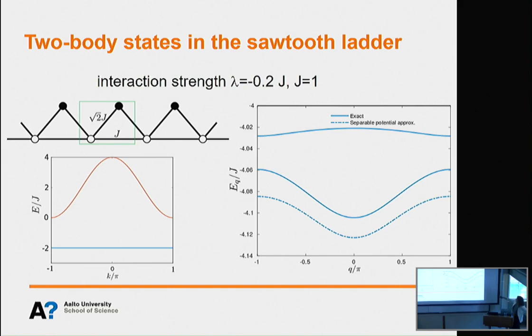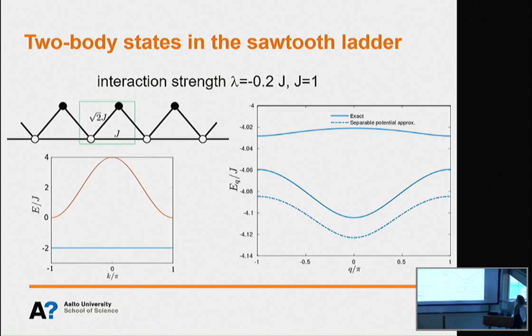And now the exact two-body problem gives you this kind of binding energies, and this analytical formula that I showed gives this one. So because there is this separable potential approximation, it actually gives only one bound state instead of all, and that's why it's a bit off. But the effective mass you can still get correctly, so it's quite nice.